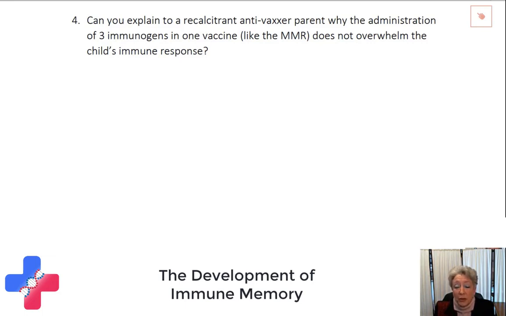And because your body has evolved to make responses to literally thousands of things in your environment every single day, there is no hope of overwhelming your child's immune response simply with 3 things. If you have any doubt of that and you've ever seen a young child beginning to crawl, you will probably remember that every single crawl they make on the floor, they're licking something.